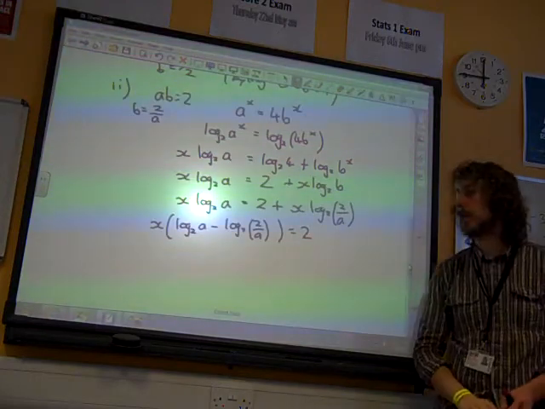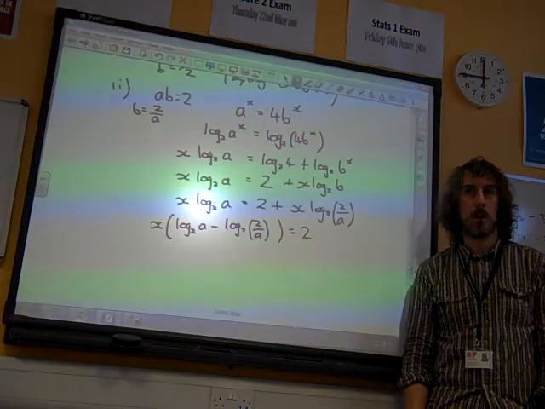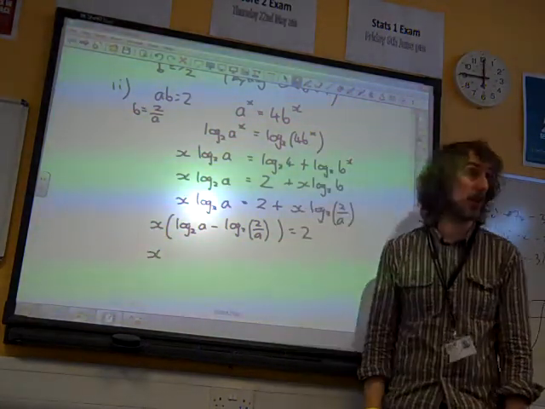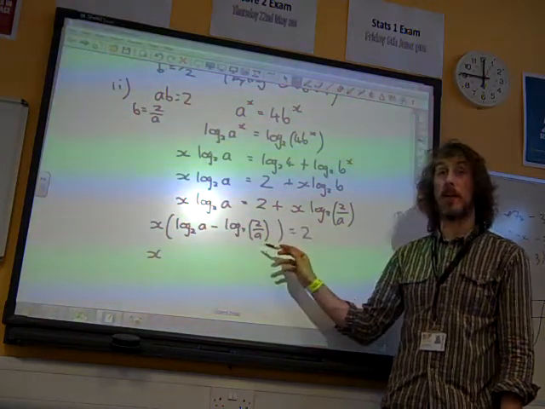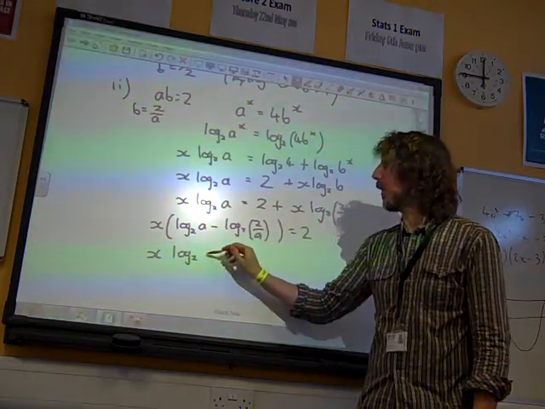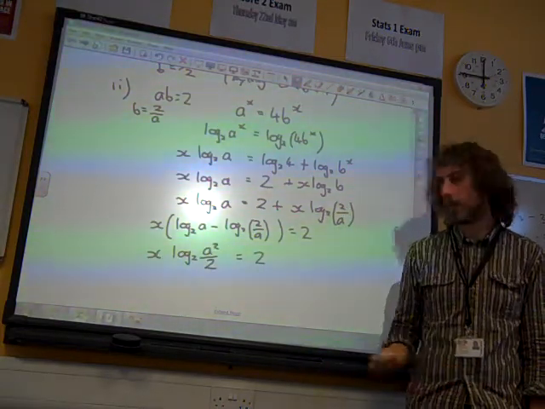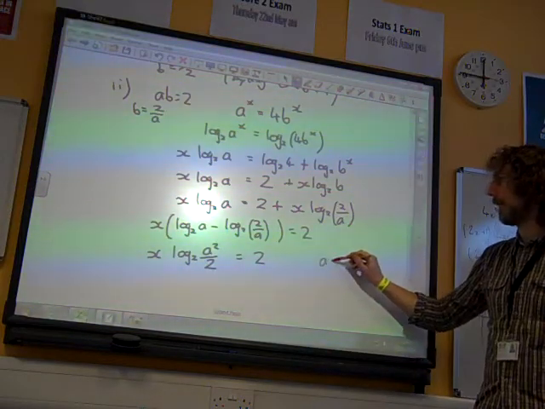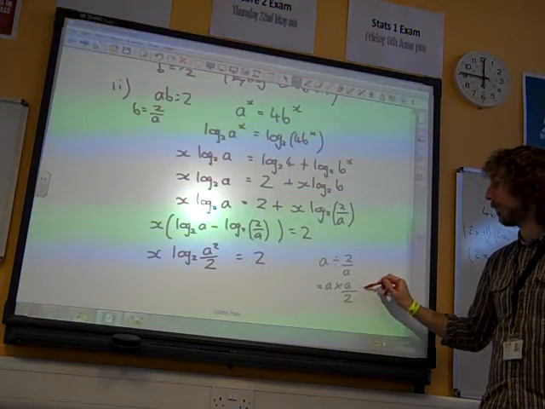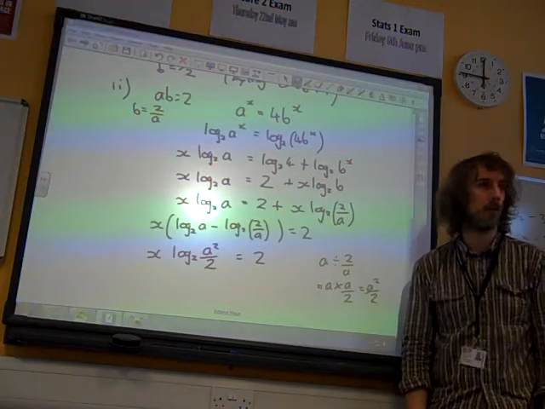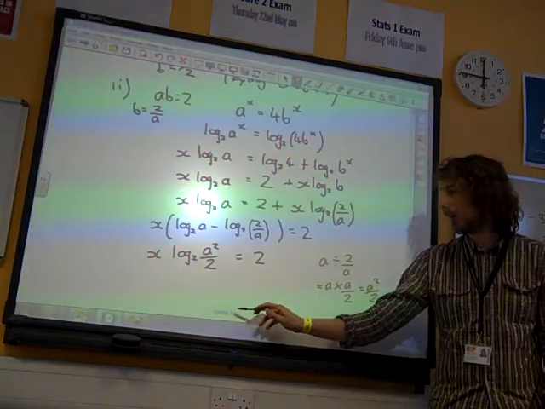Where are we heading for? Okay. When we subtract logarithms, we divide these two terms. So here we've got a divided by 2 over a, so that's log base 2 of a squared over 2 equals 2. Do we follow that? That is, we've just done a divided by 2 over a, which means a times a over 2, which is a squared over 2. A little bit of work in there. We're really nearly there now, aren't we?